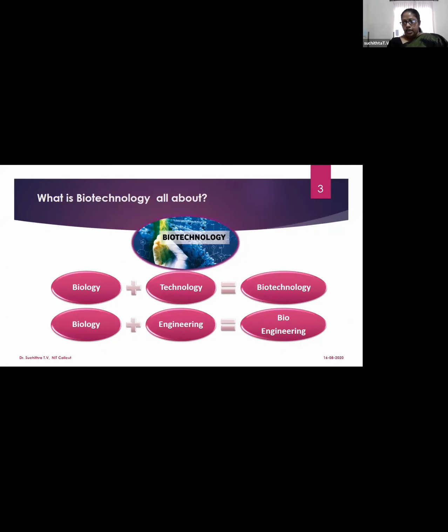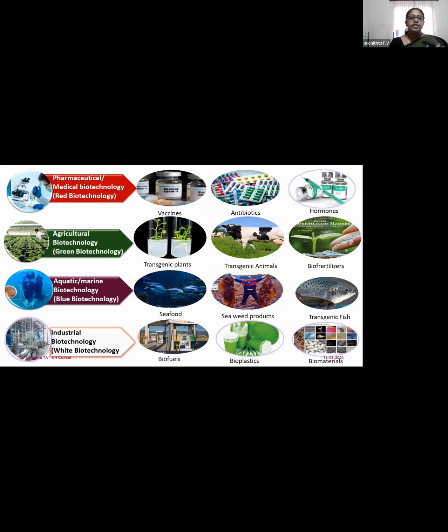And a colorful explanation of this subject will help you understand more about how biotechnology is related to our life and environment. There is a classification of the subject, divided into different colors to make it interesting. The first one is red biotechnology, mainly dealing with pharmaceutical and medical biotechnology.